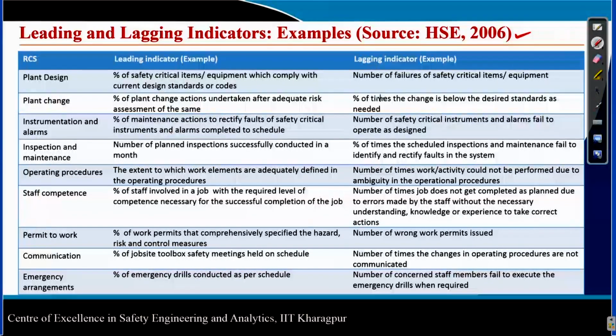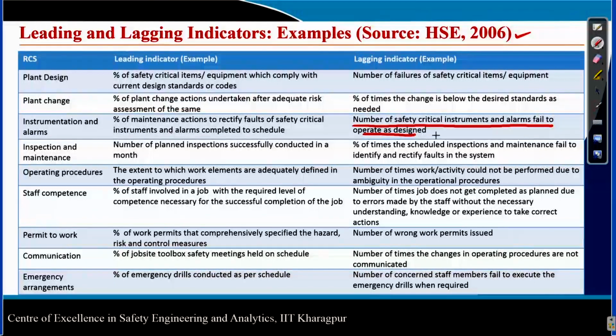If you consider the lagging indicators, we are writing number of safety critical instrument and alarm failed to operate as designed. So why has it happened? Basically, it is a failure of the instrumentation and alarm system, and it may have happened because some of the leading actions were not done correctly.